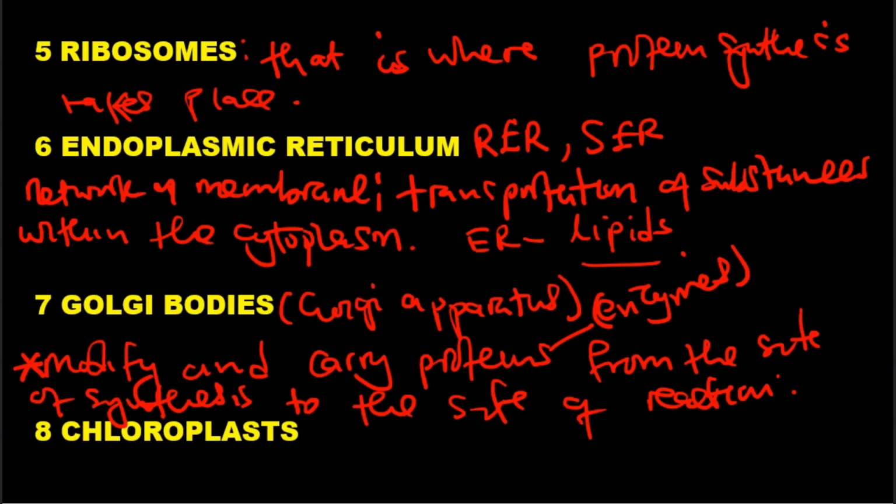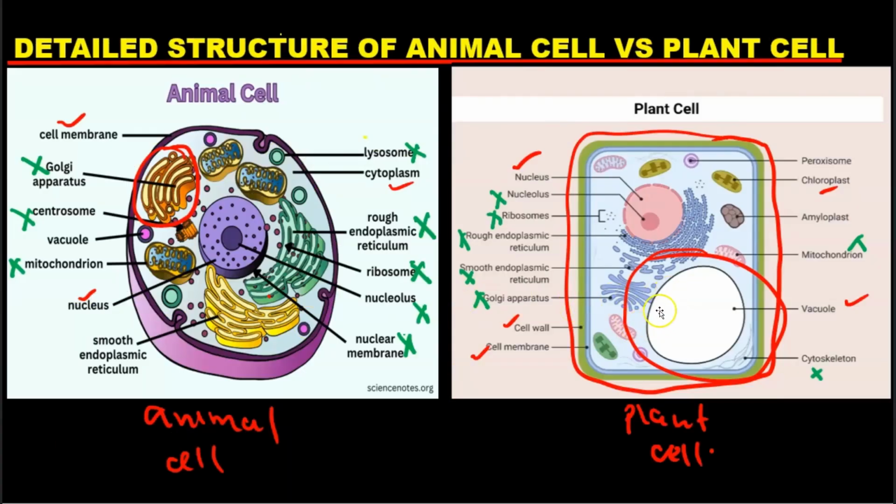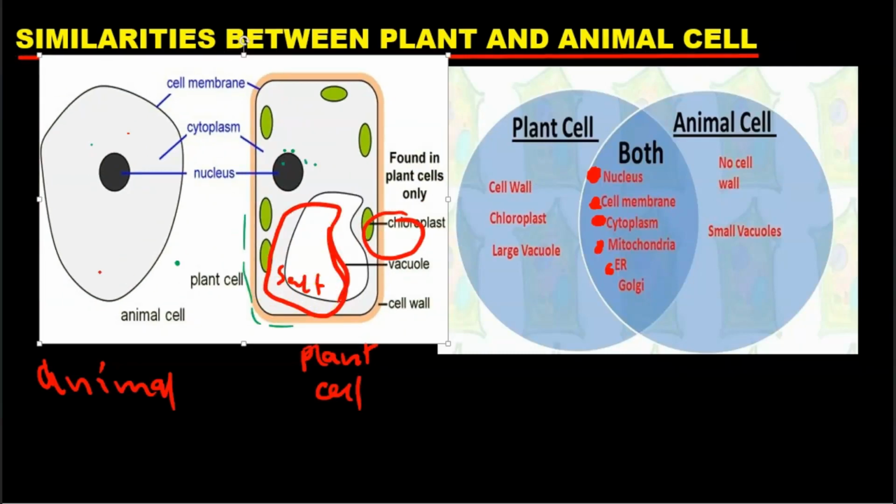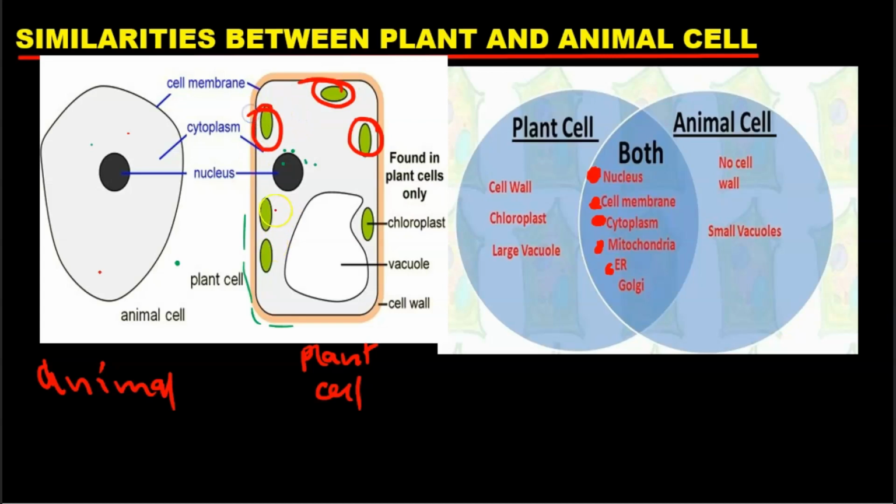What about the chloroplast? What is the function of the chloroplast? Take note that, as we discussed, the chloroplast is only found in plant cells. This is a good, simple diagram which shows the chloroplasts clearly. They are the oval-shaped structures represented by the green color.